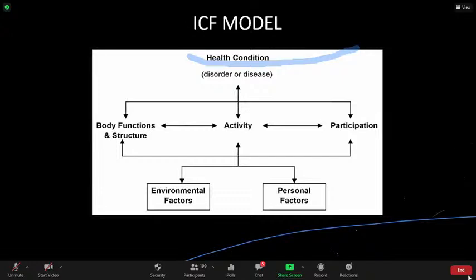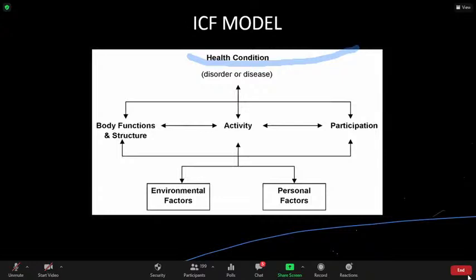If I am very sure in terms of my assessment, I can explain anything. At the end, I will show you one of my assessments, and if you ask me, since I know the ICF components, I can explain anything.